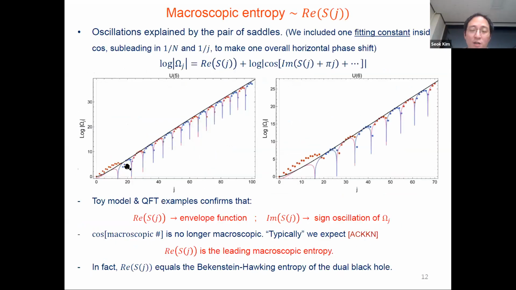It's showing fairly good agreement between the oscillation from the saddle point calculus and the numerical dots. The reason why the agreement between dots and curves is not that nice is that in the case of the MacMahon function, we could compute all these 1 over J corrections, so we could make this agree very well.